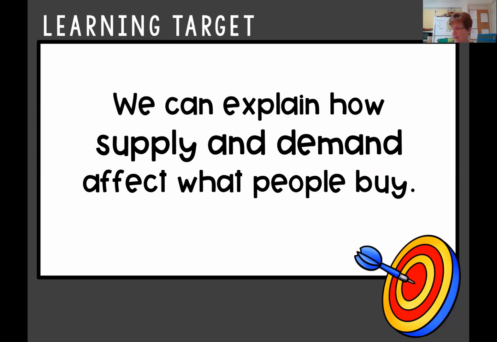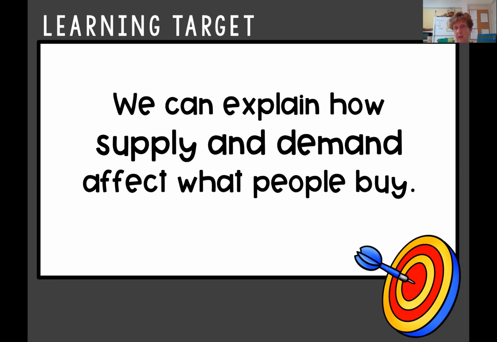And supply and demand affect how people will spend their money. If the demand is high and the supply is high, people are going to spend their money on a particular thing that they want.